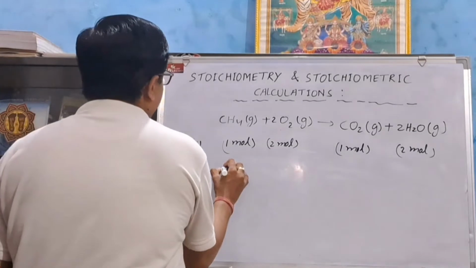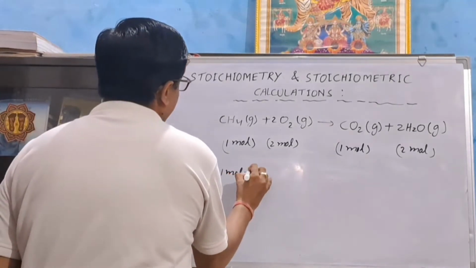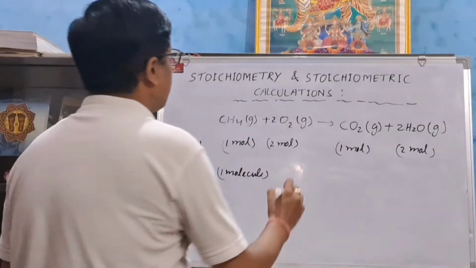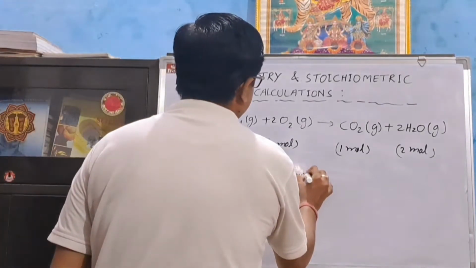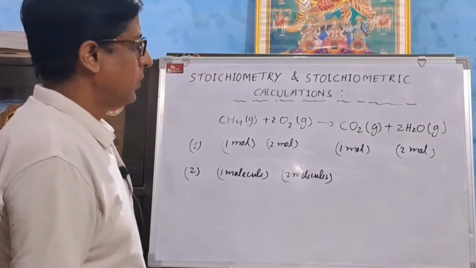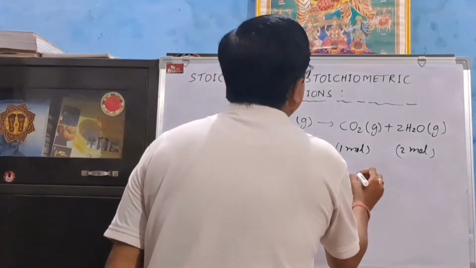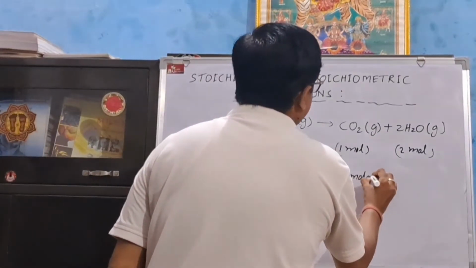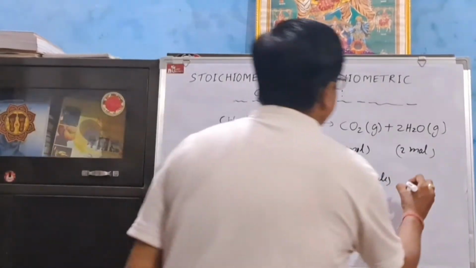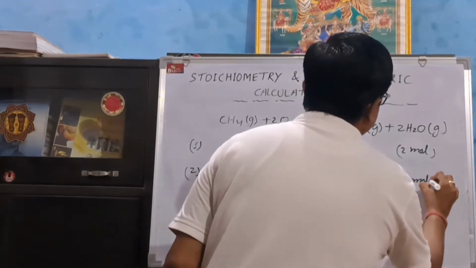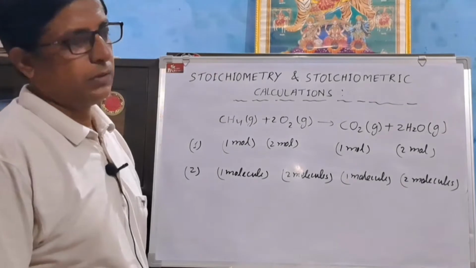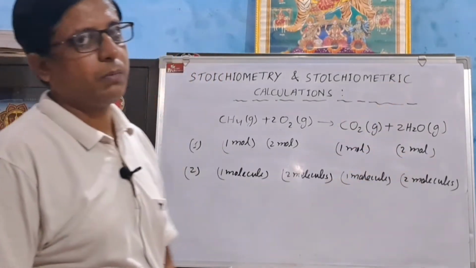Here, one molecule of methane reacts with 2 molecules of oxygen to produce 1 molecule of carbon dioxide and 2 molecules of water vapor.